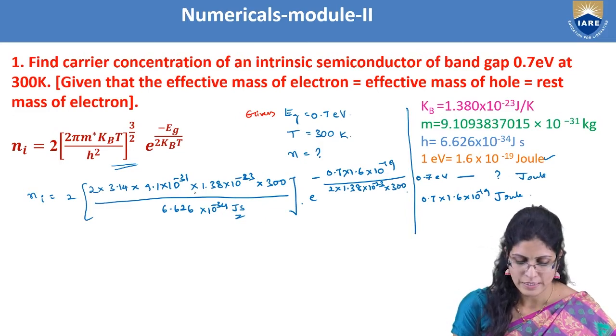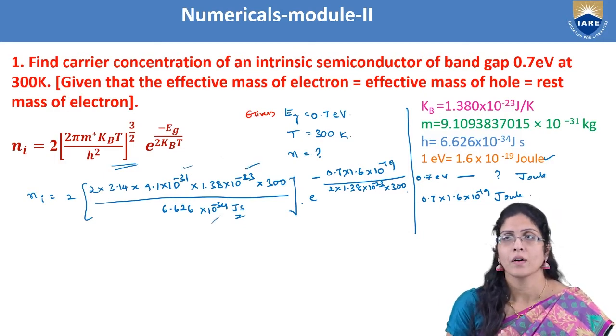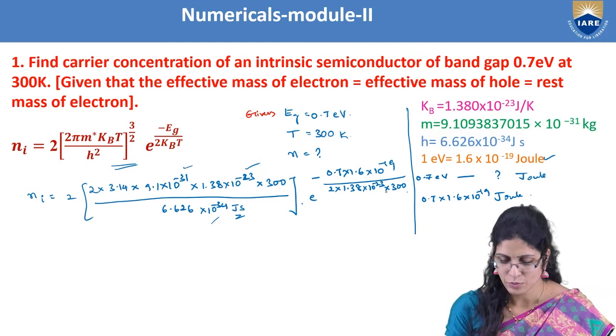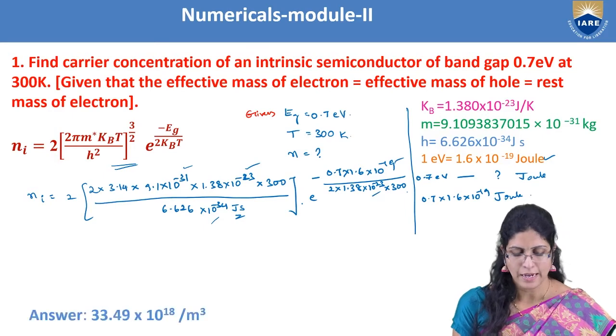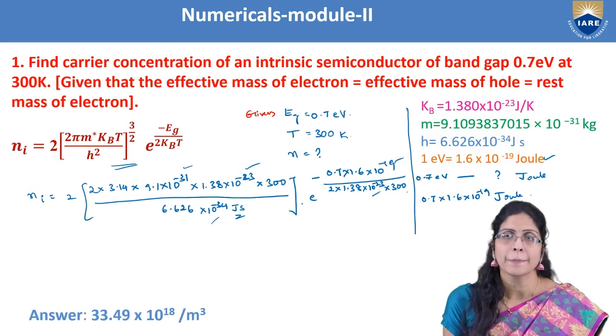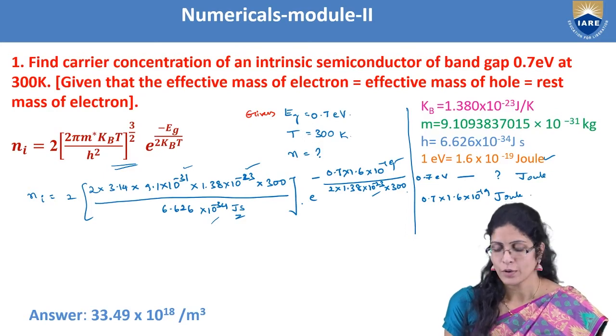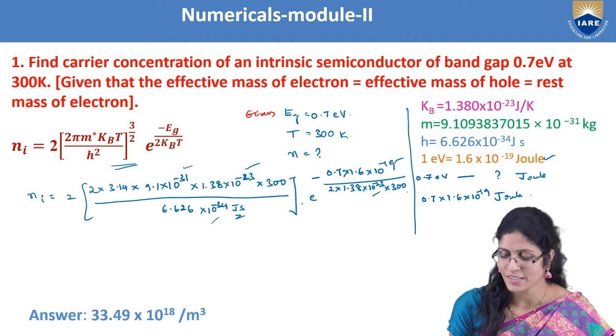Here you will get around minus 54 and you have minus 34. This will go up. Here also you will have to go for these powers and then you will end up in the answer as 33.49 into 10 to the power of 18 per meter cube. Okay, you can even comment in the comment section with all the calculations if you are interested.